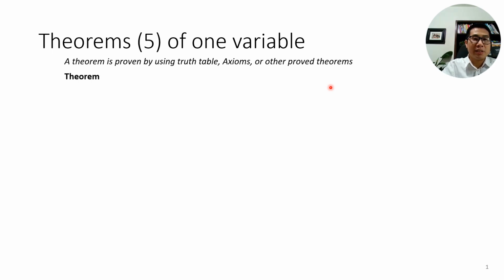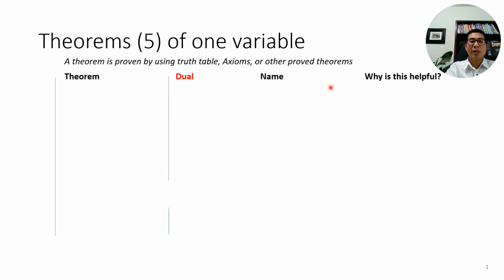So now we'll learn these 5, and we'll learn what each theorem is, okay? And also we'll learn its dual form. Then we also learn what its name is, and why this one is helpful, why we should study this.